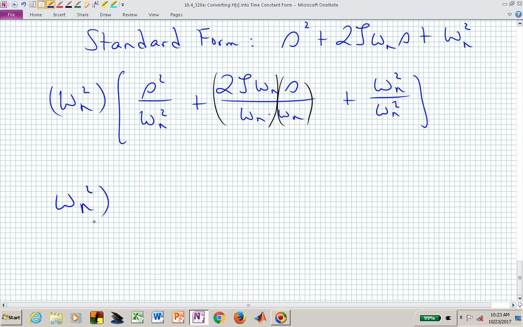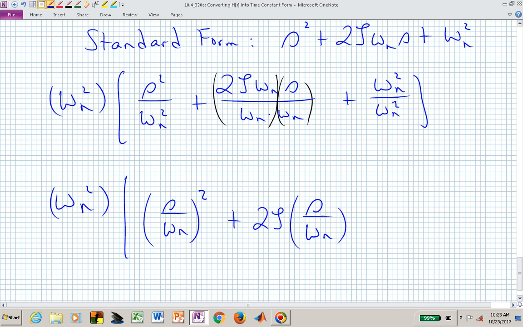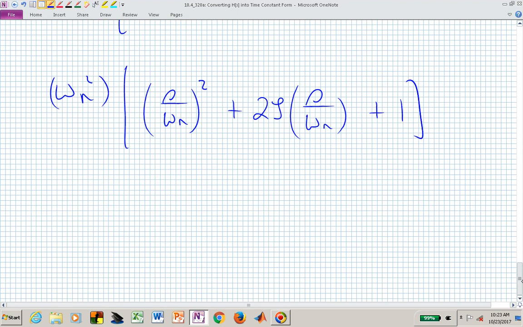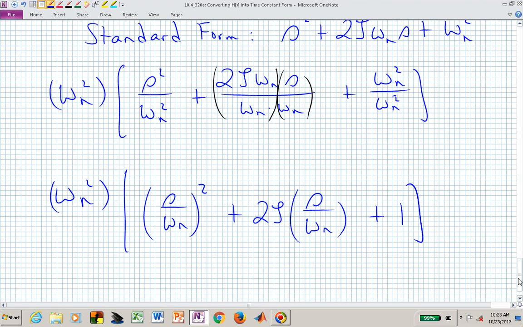So again, we have the omega sub n squared out front after factoring out, in our example, the 100. We now have s over the natural frequency omega sub n, squared, plus, if we cancel the omega sub n's in the first bracketed term and the middle term, we just end up with 2 zeta times s over omega sub n. So now we have this normalized complex frequency variable s. It's normalized by the natural frequency omega sub n, and the omega sub n squared over omega sub n squared is just 1.